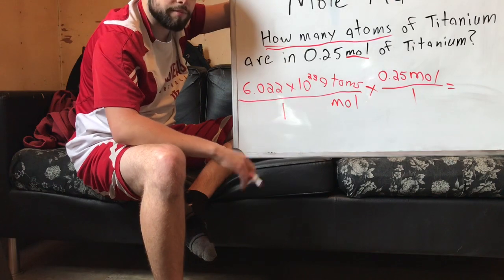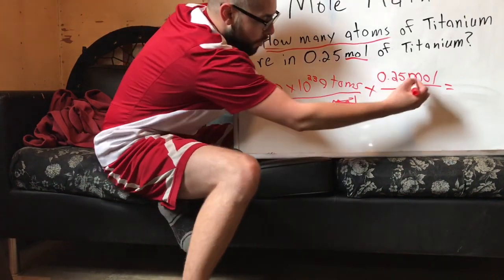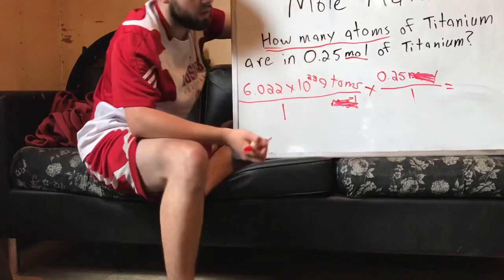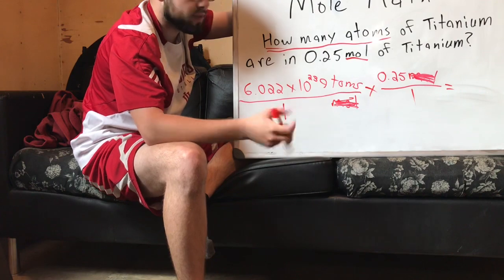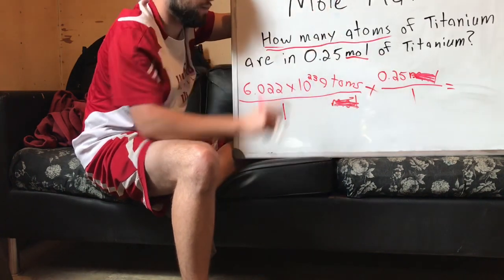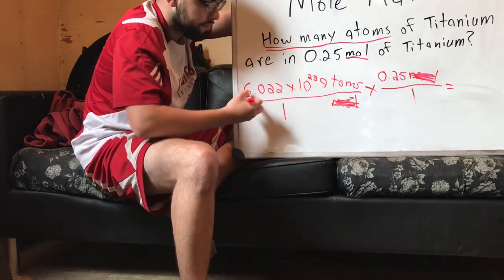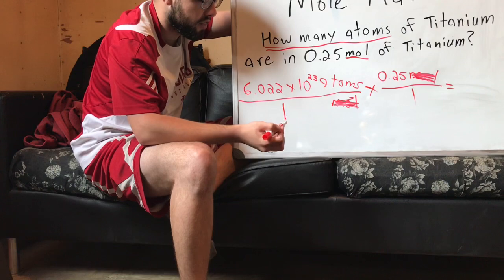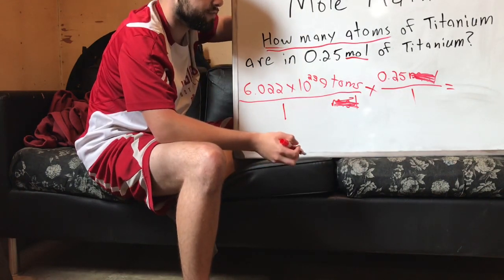So here's my setup. I'm ready to solve now. These units cancel out, my moles. So the only unit I'm left with is atoms. But that's good, because that's what the question is asking me for. How many atoms? I would do Avogadro's number, 6.022 times 10 to the 23rd, times 0.25.